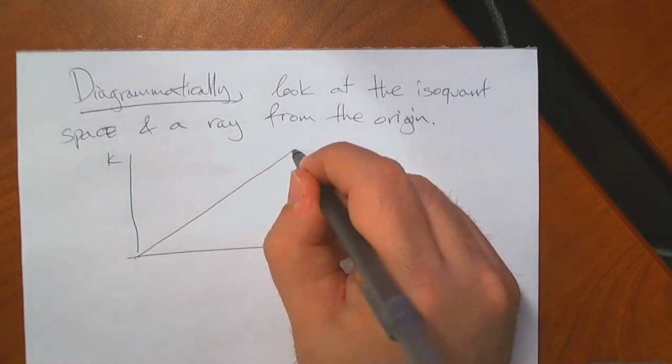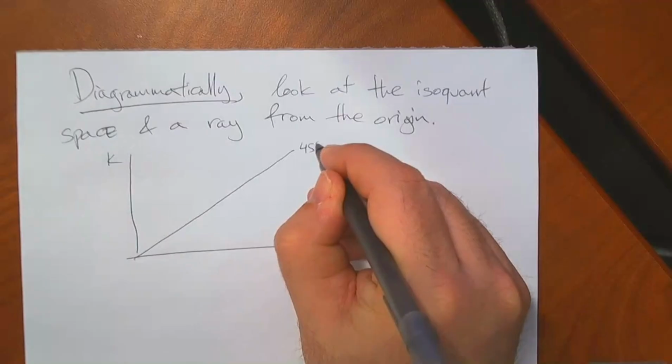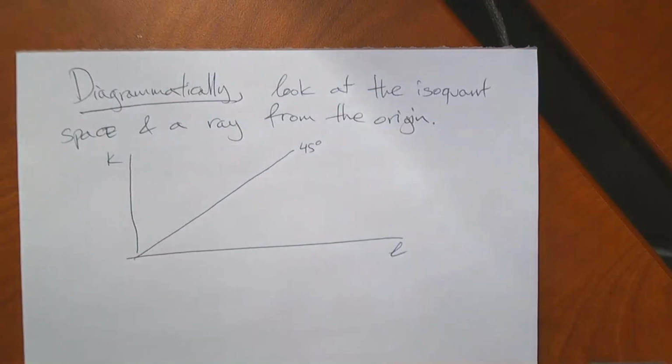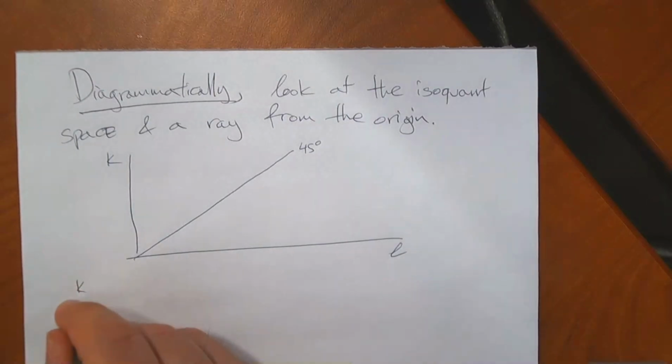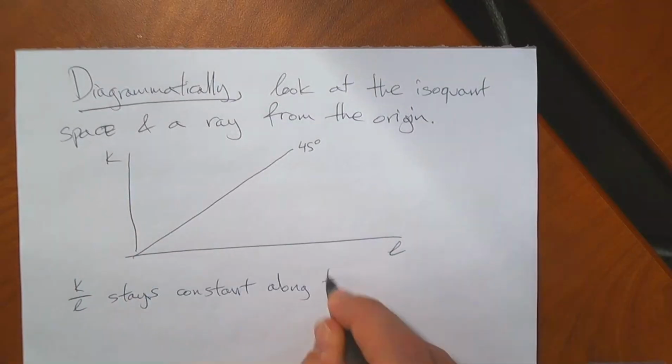And let's look at a ray from the origin, and it doesn't matter which one you pick. A ray from the origin is simply a line from the 0, 0 point outwards, and I'm just going to pick the 45 degree angle. What is happening to the ratio of K over L along this ray? It stays the same, right? So K over L stays constant along the ray.